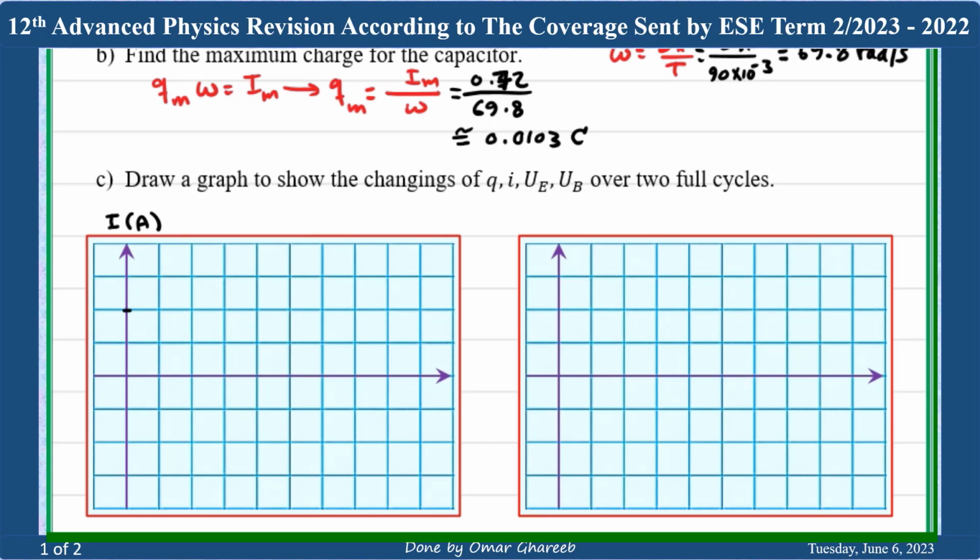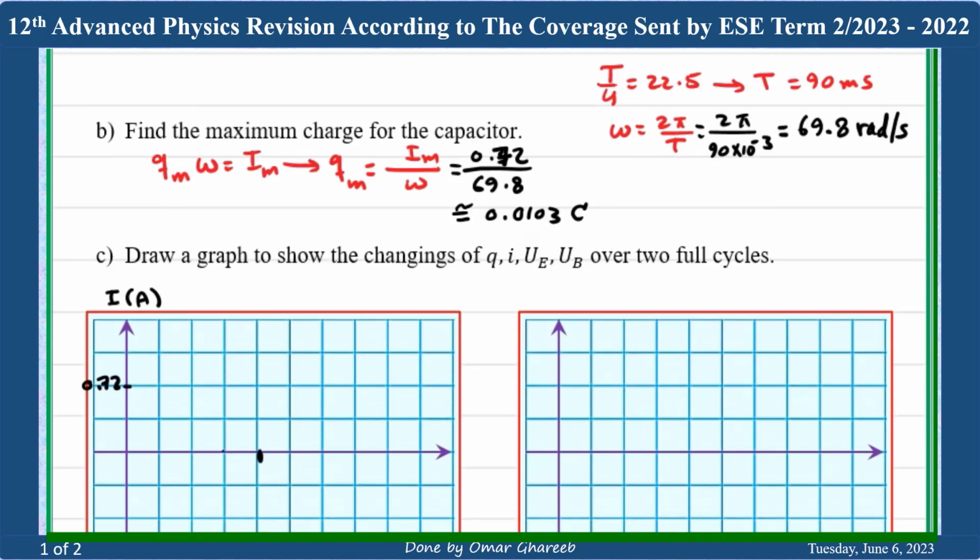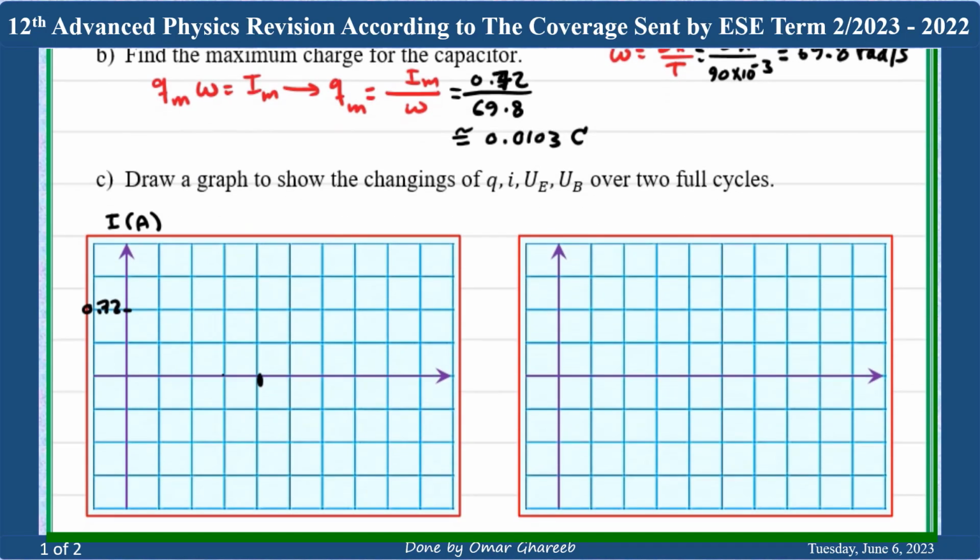The maximum value is 0.72. The period: 1, 2, 3, 4. Here the period T is 90 milliseconds, and this is the time axis.